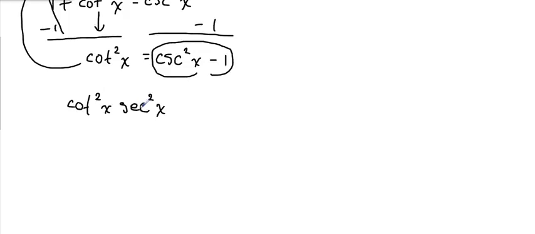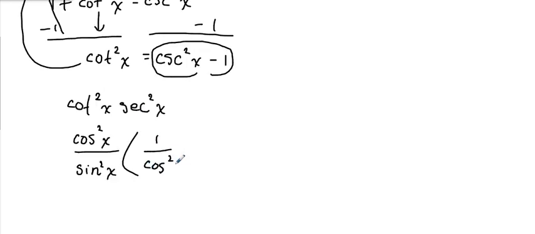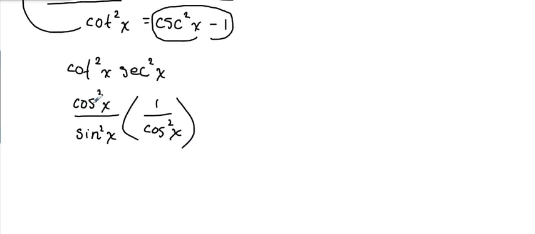Cotangent squared and secant squared, we're going to change everything into sine and cosine. So cotangent squared, from our blue formula sheet, we're going to rewrite as cosine squared over sine squared. Secant squared, I'm going to rewrite as 1 over cosine squared. We have a factor of cosine squared up top and a factor of cosine squared on the bottom, so we can cross those out. We're left with 1 over sine squared.